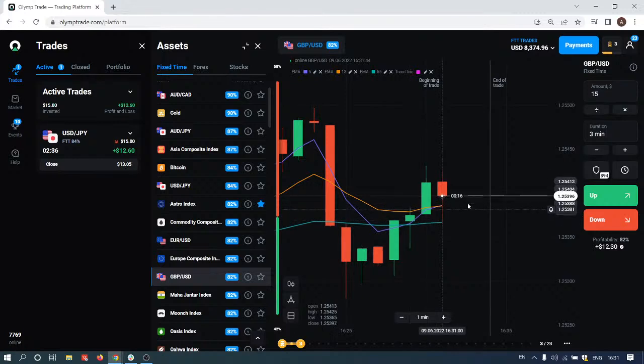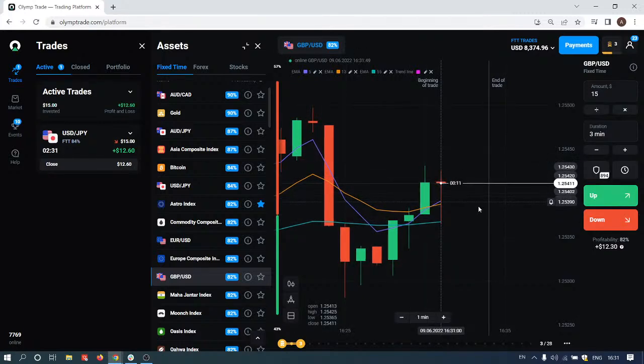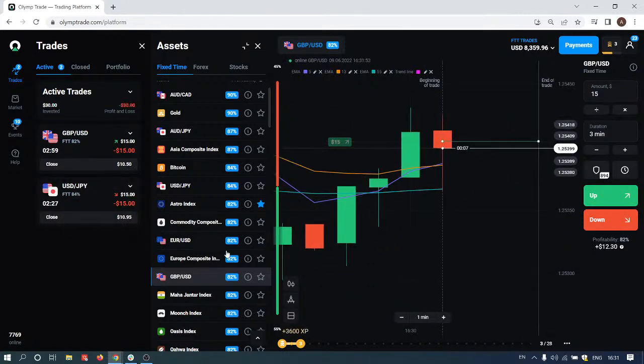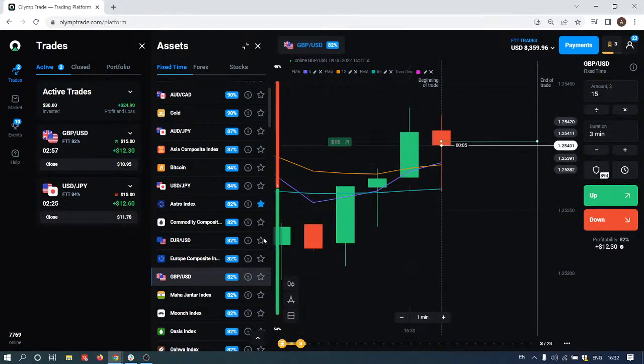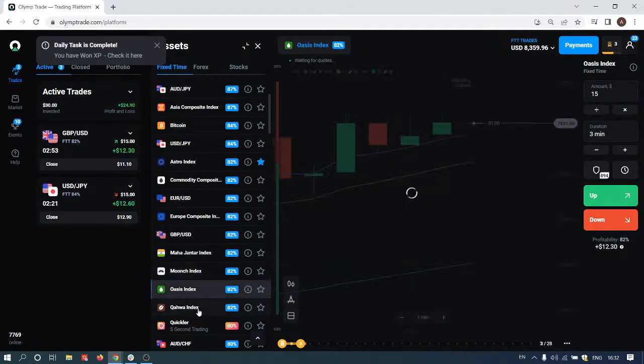And at the same time, it's reversing so quickly. Okay, let's try. So the pound against the US dollar in the upwards direction. Now, what else? What else?